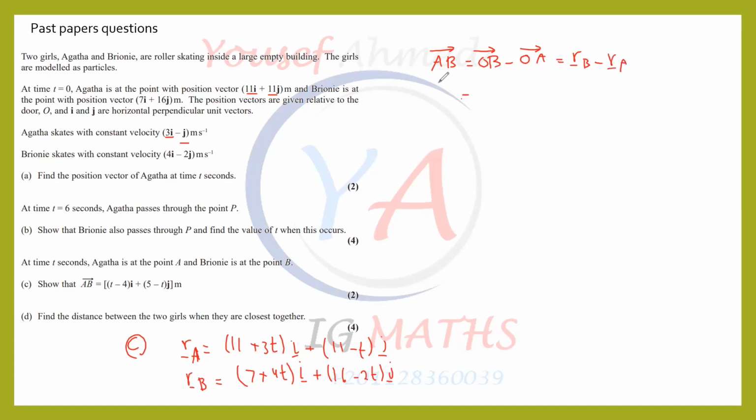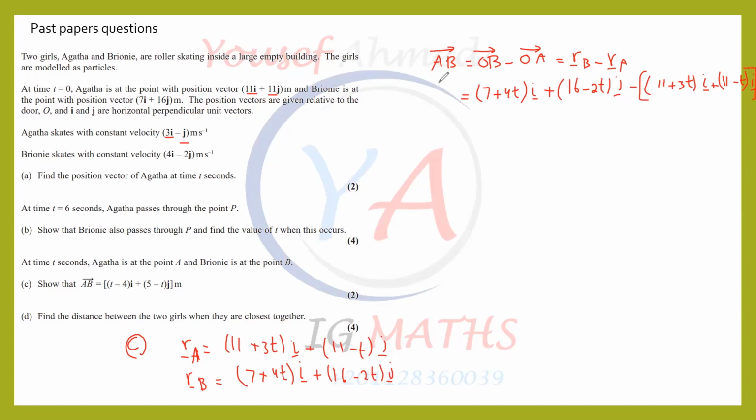So it will be 7 plus 4t in i direction plus 16 minus 2t in j direction, minus the position vector of A, which is 11 plus 3t in i, added to 11 minus t in j direction.